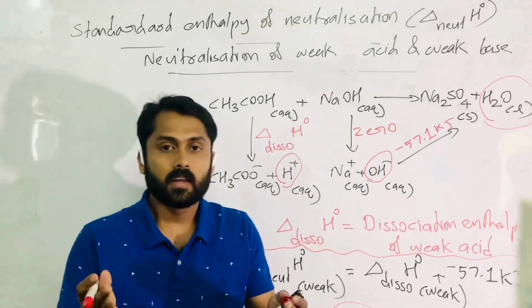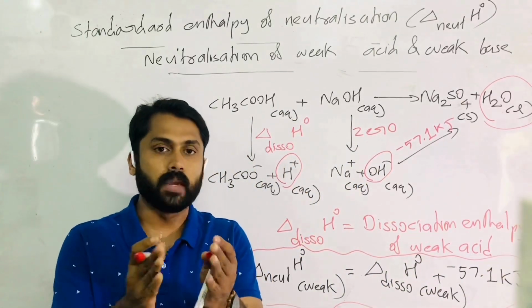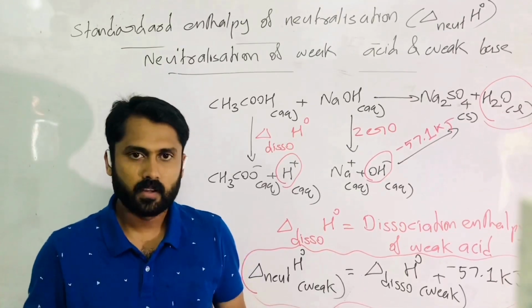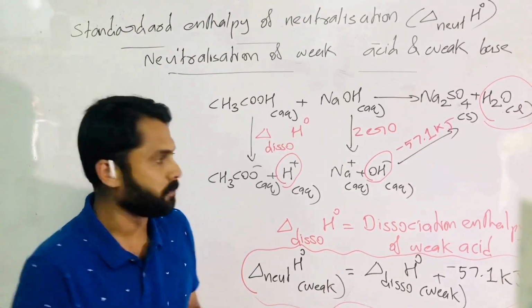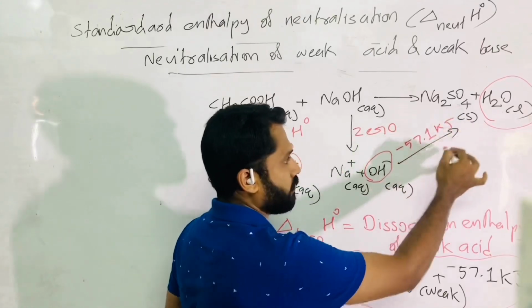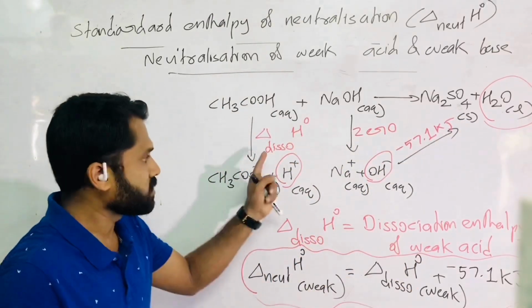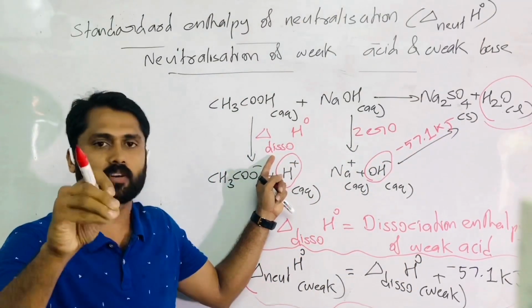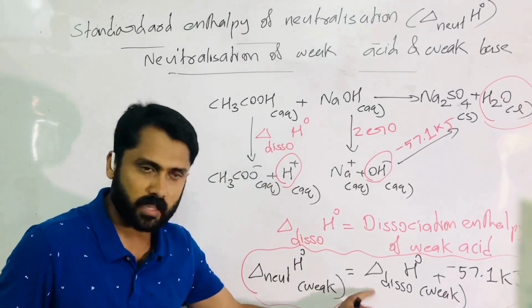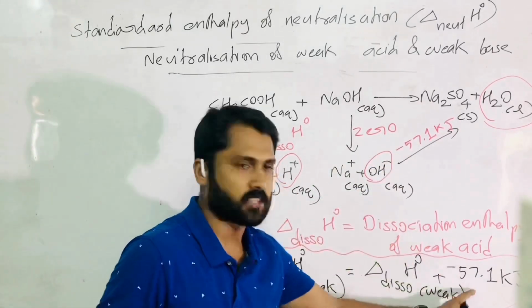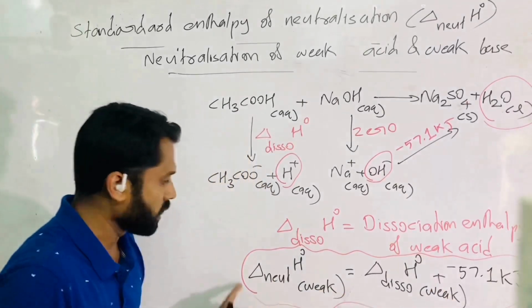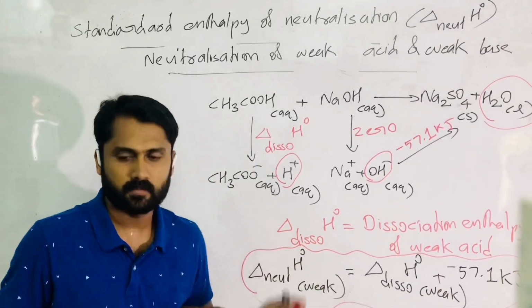So, when a weak acid or weak base is present in the reaction, its neutralization enthalpy cannot be minus 57.1 kilojoule. Its dissociation enthalpy is also considered. That dissociation enthalpy plus minus 57.1 will be the neutralization enthalpy of the weak one.